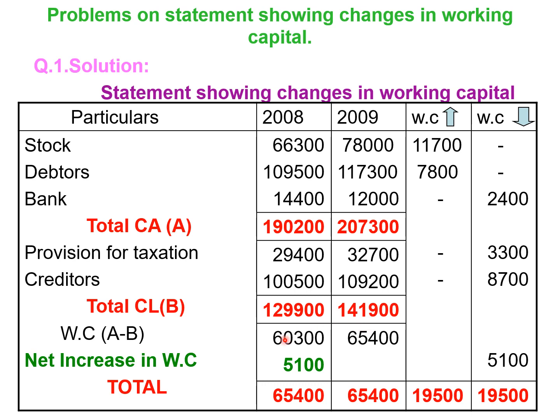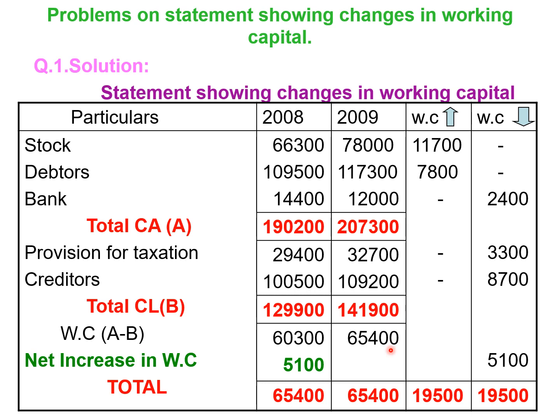1,41,900. Students, working capital formula is CA minus CL, A minus B. That's 1,92,200 minus 1,29,900. We get 62,300. Then 2,07,300 minus 1,41,900.